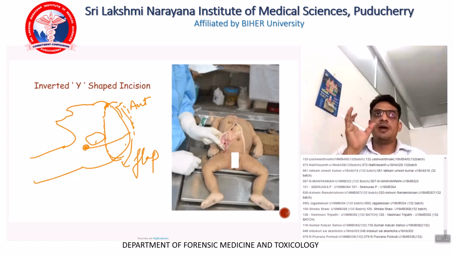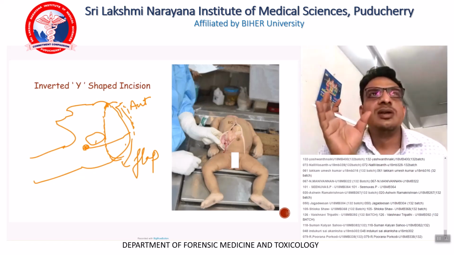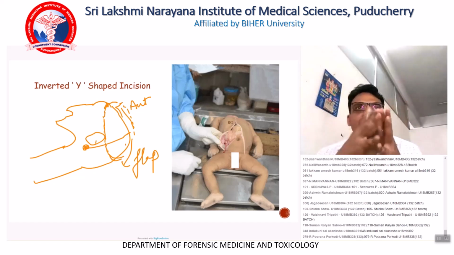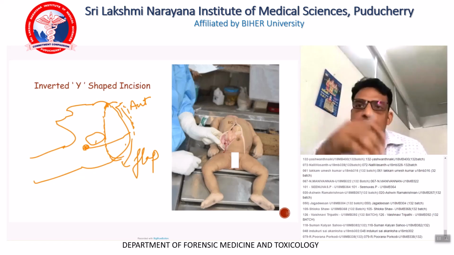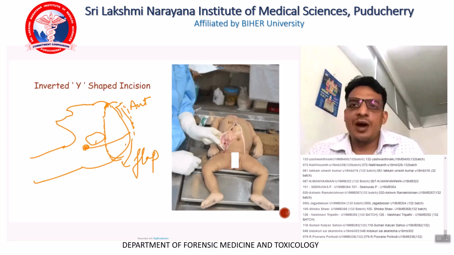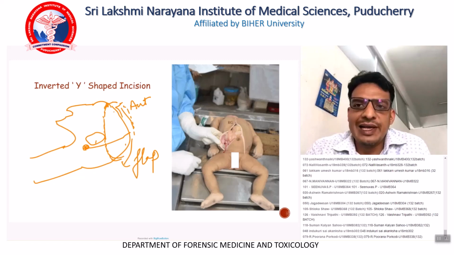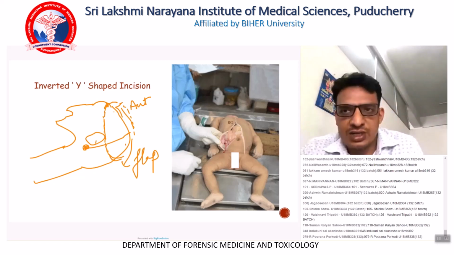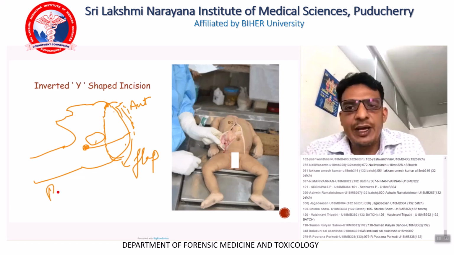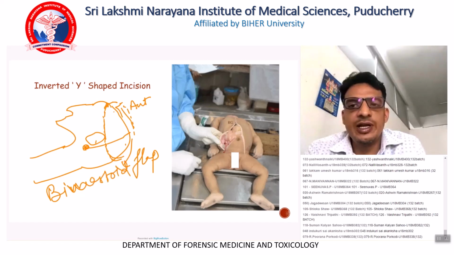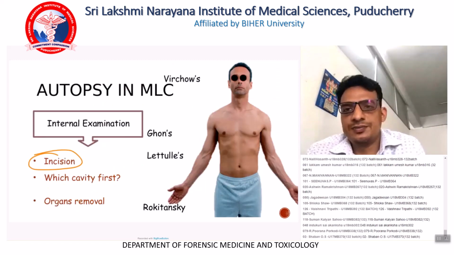I'm forgetting that anatomical term for it. Anyway, we'll take the skull cap out and then we will examine the brain and meninges and internal structures. So remember this, it is a bimastoid incision for examination of head. Next, which cavity first? Normally what we do is we will drain the head in the beginning.